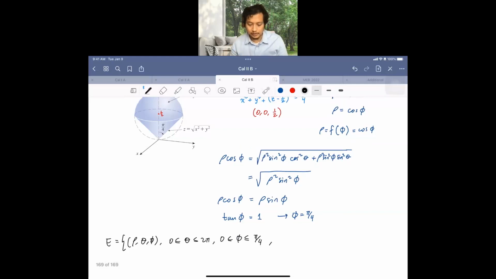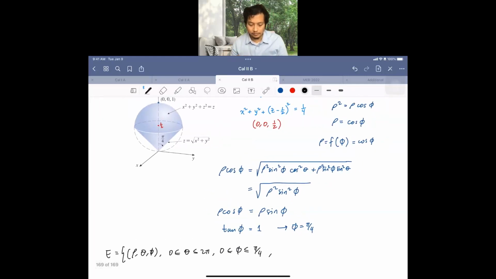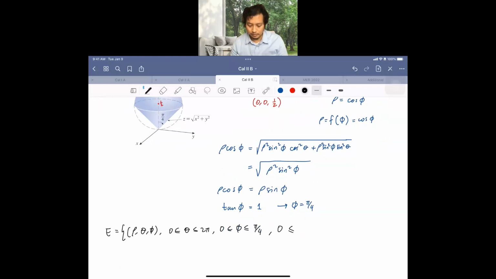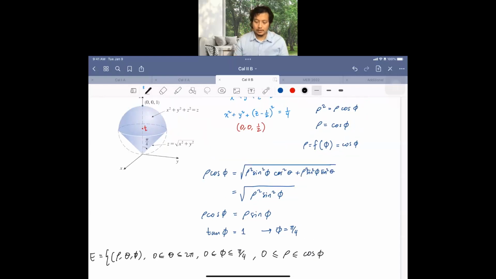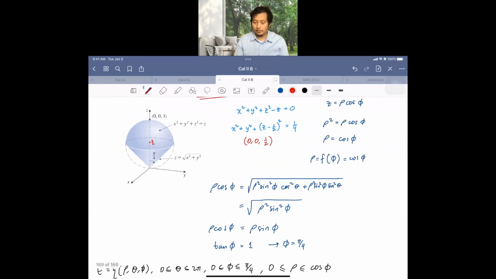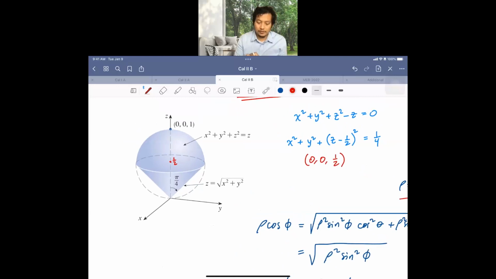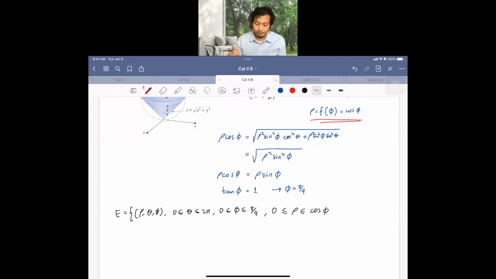Now the radius is from 0 to cosine psi. This is because we can describe rho as a function of psi, because we know the sphere is already shifted. The sphere is already shifted, so we cannot really write down a sphere from 0 to some constant. So we should have a function.